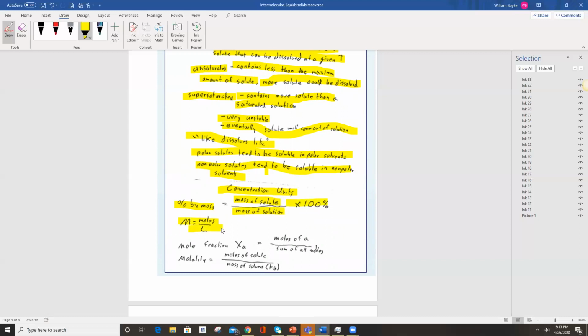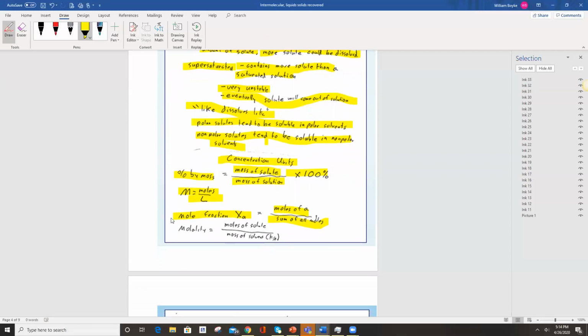Molarity we're pretty familiar with. Nothing to say there. Mole fraction. That's the moles of A divided by all of the moles that are in there, kind of the fraction of what you're interested in compared to all of the things that are in there. Also sometimes molality, kind of related to molarity but a little bit different.